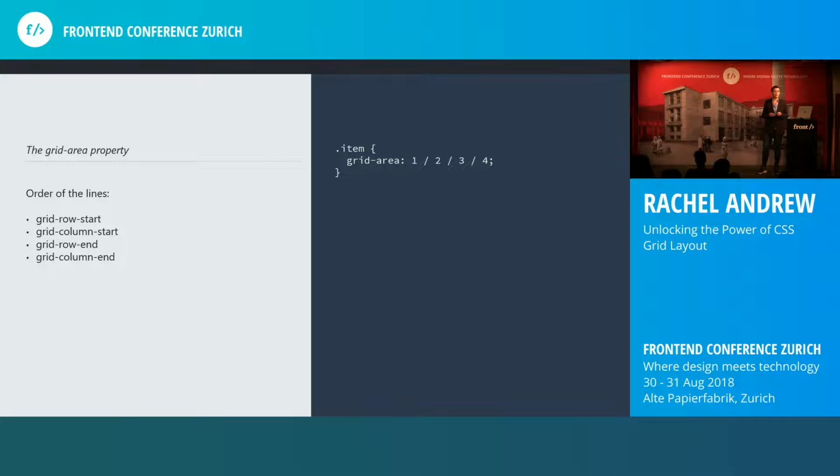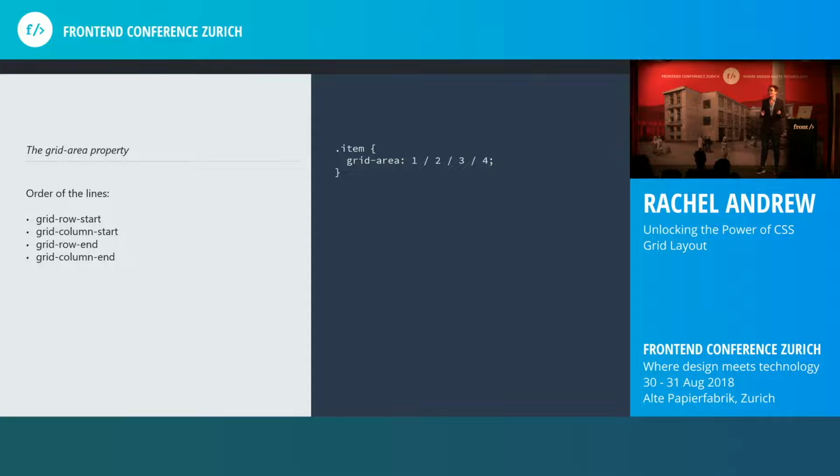And I'd explain that we could define all four lines of a grid with the grid-area property, and that the order of the lines was grid-row-start, grid-column-start, grid-row-end, grid-column-end. Now this is actually, if you think about it, the opposite of the way we declare lines in everything else in CSS. If you think about margins and padding, the shorthands there, the way that we're declaring these lines goes the other way round.